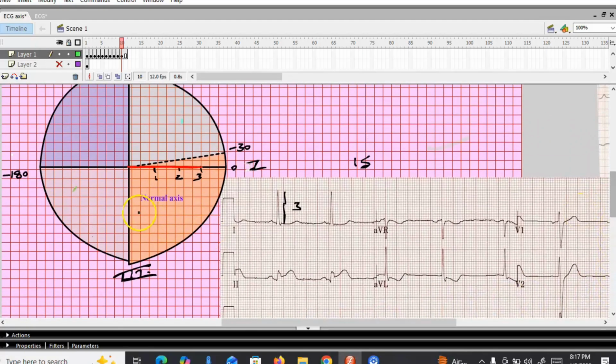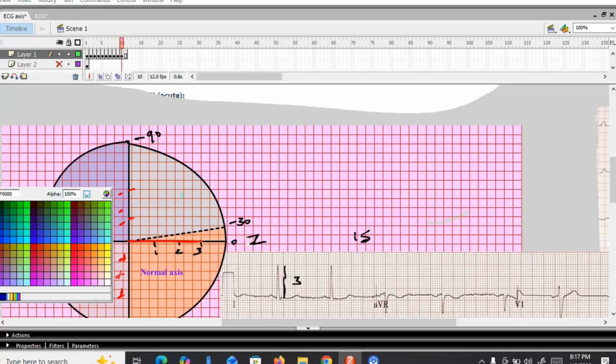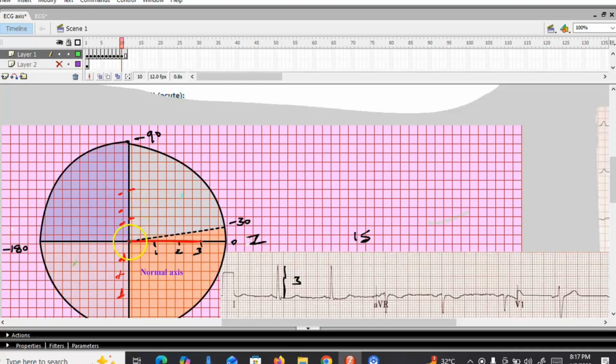So in lead 3, this is the positive side. It is a bit different when you talk about electrocardiography, and this is the negative side. So here we have to draw 2 big squares. So this arm will be like this, 2 centimeters. We are taking it arbitrarily, but the distance should be almost the same. Now this is lead 1.